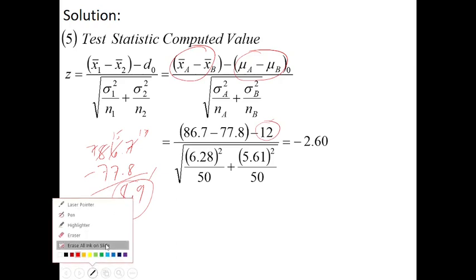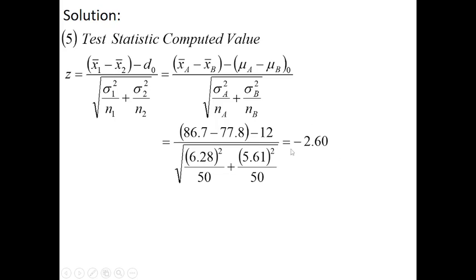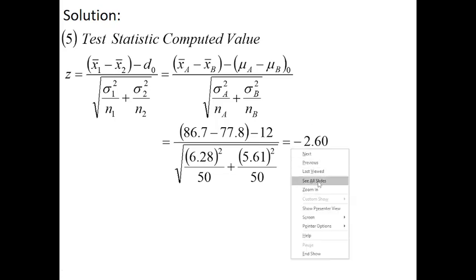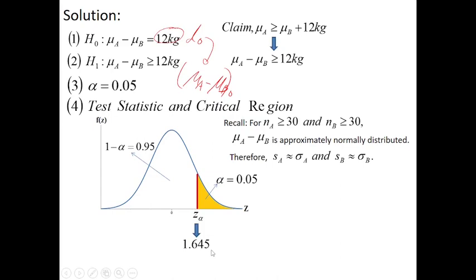So we obtained negative 2.60. It is in the non-rejection region. Therefore, we shall not reject the null hypothesis.